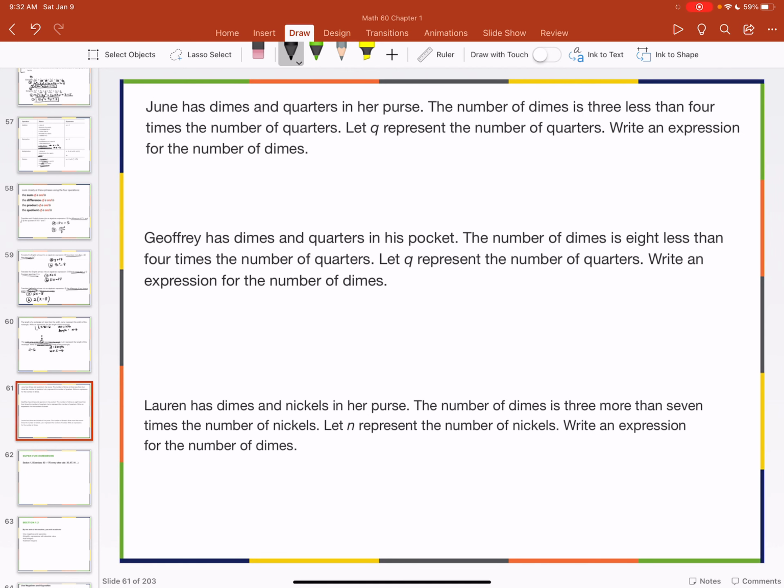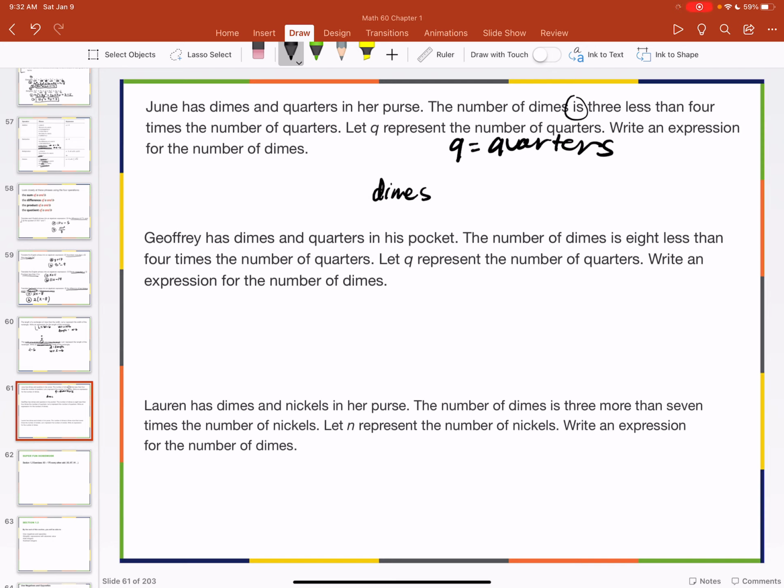All right, let's see here. June has dimes and quarters in her purse. The number of dimes is 3 less than 4 times the number of quarters. Q is quarters. It says the number of dimes is 3 less than 4 times the number of quarters. So when I see is, I put an equal sign, but it's fine.